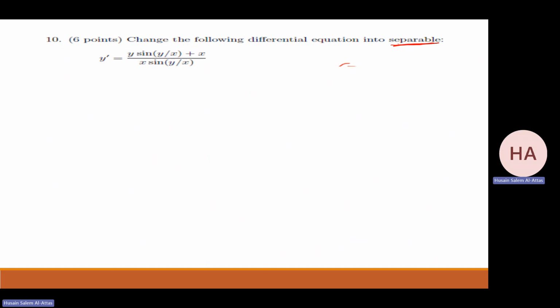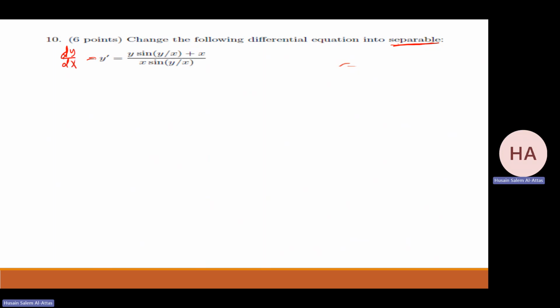This is what? Let me rewrite it. dy over dx. The dy is multiplied. This is dy over dx, just to save space.